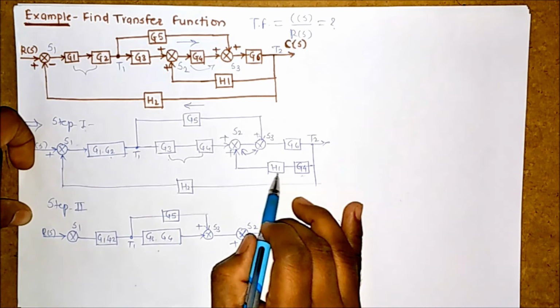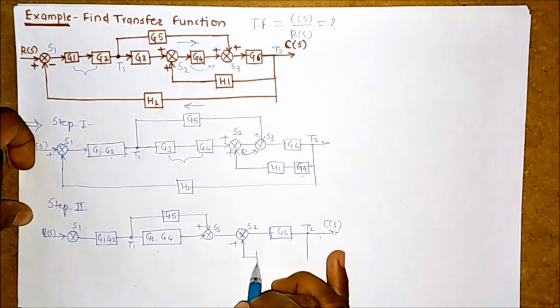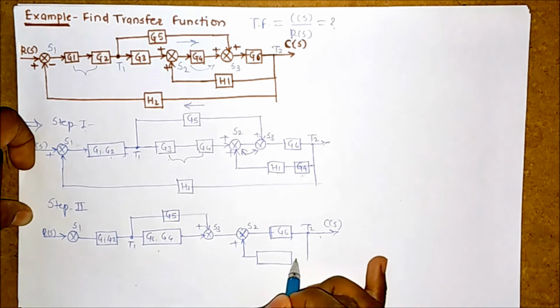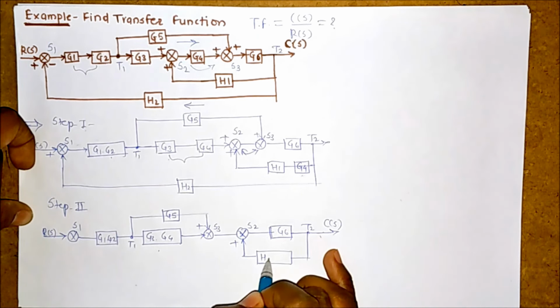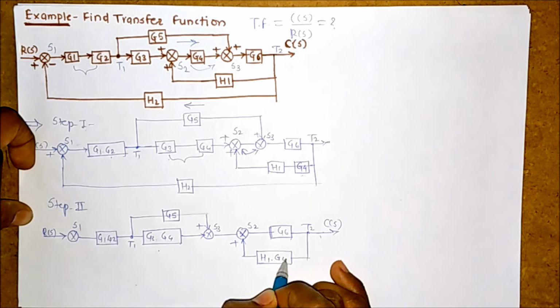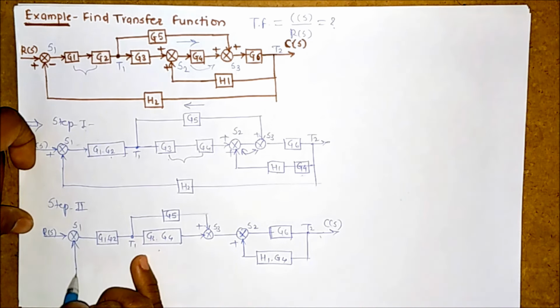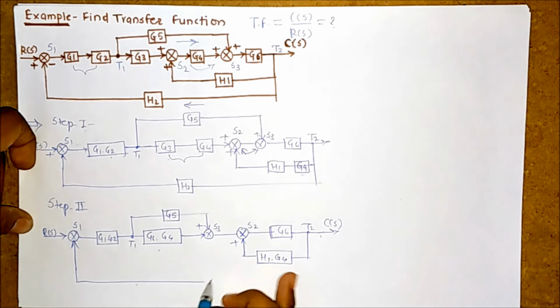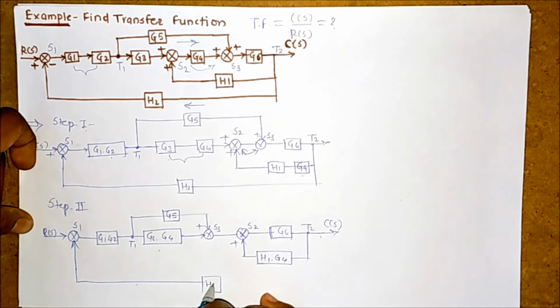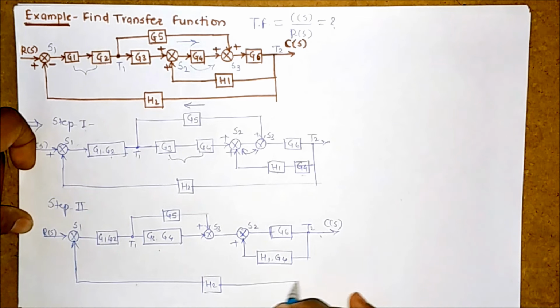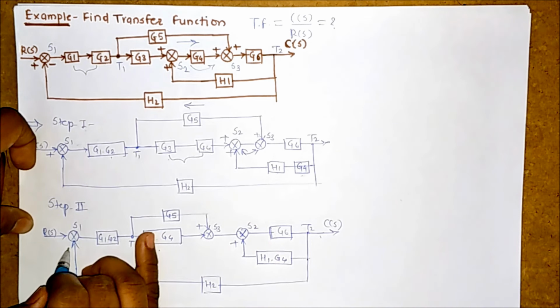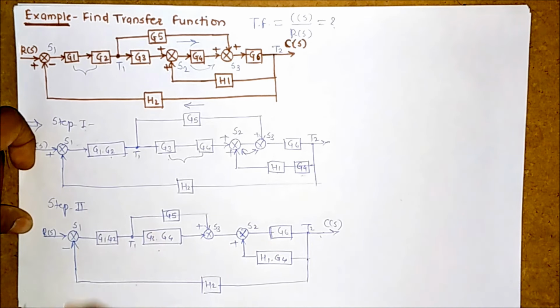Now if you look here, these two blocks are in series connection, so again we multiply these two blocks, that is H1 into G4, and H2 is the feedback path, which is having a negative sign.